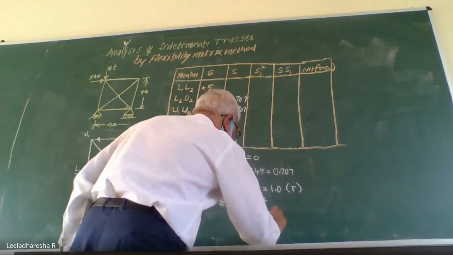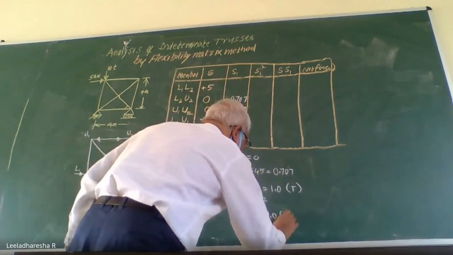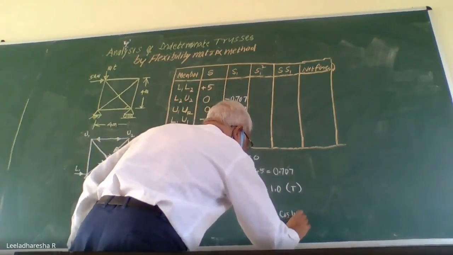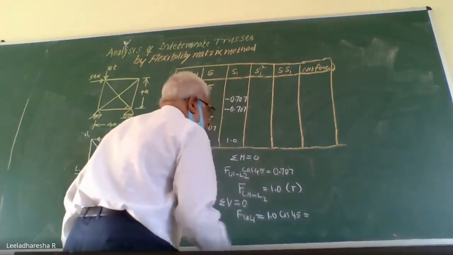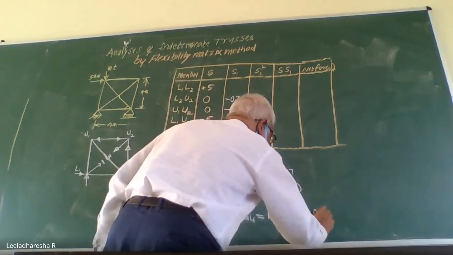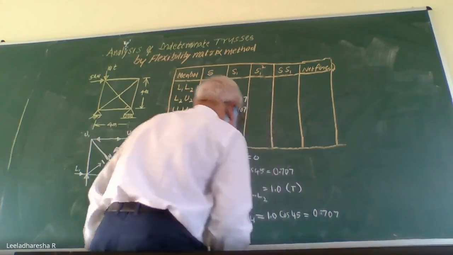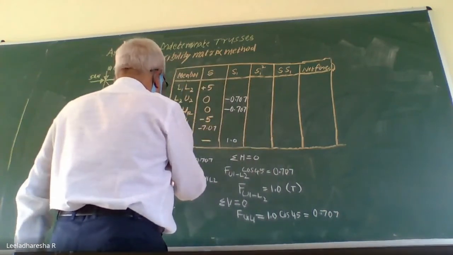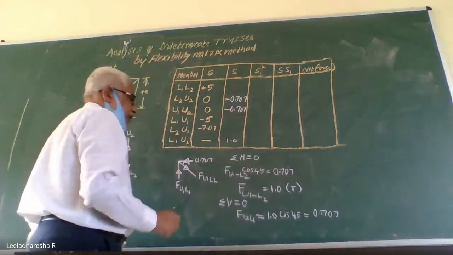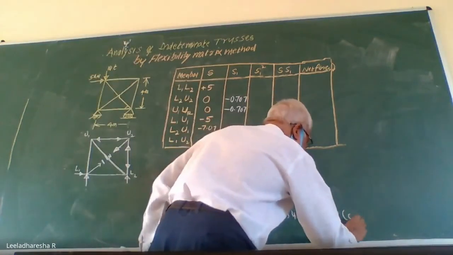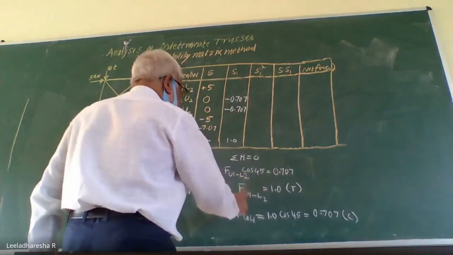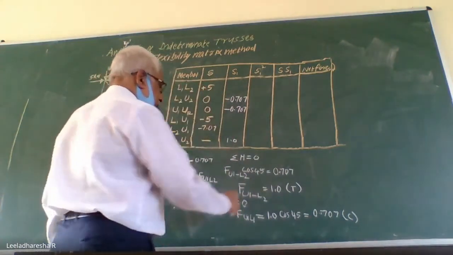That is 1.0 cos of 45 degrees. Again, cos of 45 is 0.707. It was assumed to be towards the joint. Therefore, it is compression. So, enter these two values in the table.